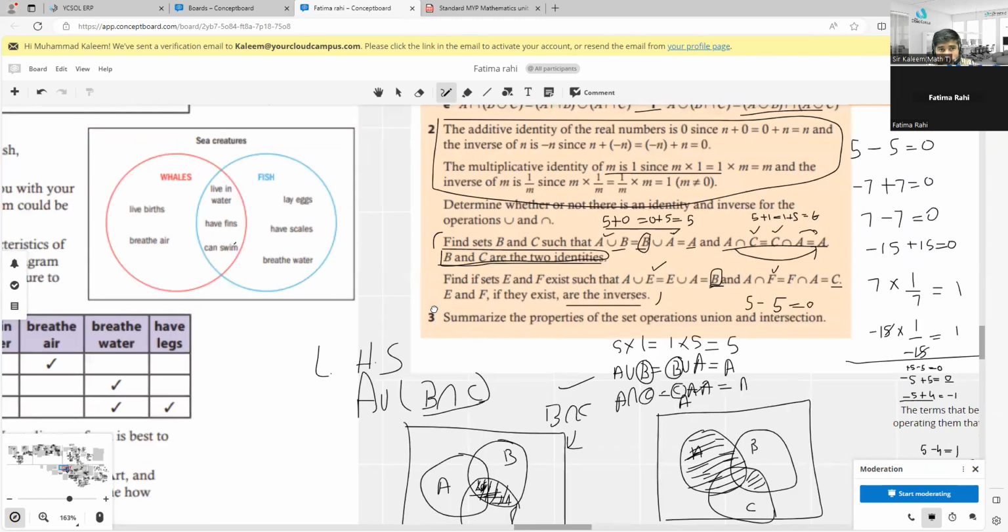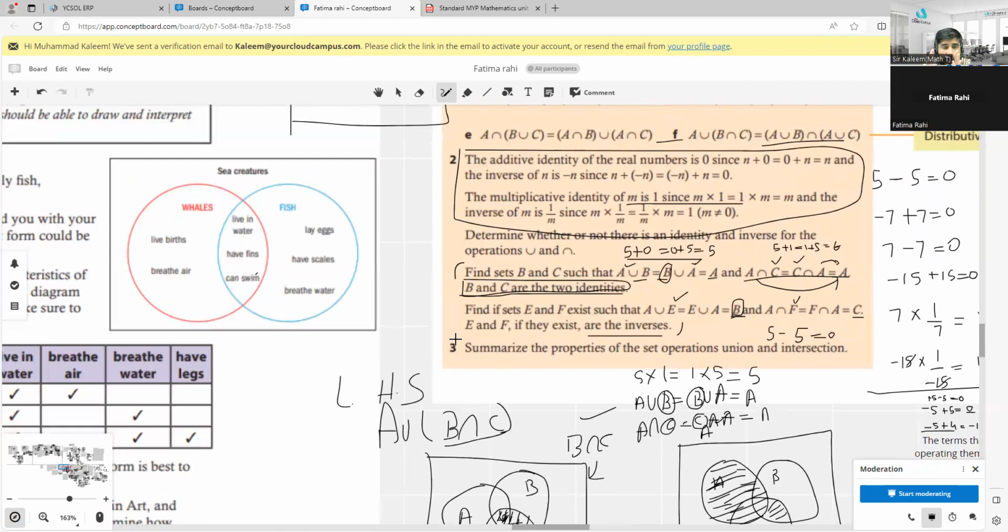From here you just have to take the concept of what is the identity and what is the inverse. I think there will be no confusion for you, however much I explain. If you still have any confusion, you can tell me. Identity is a thing that brings no change while we are operating with it.